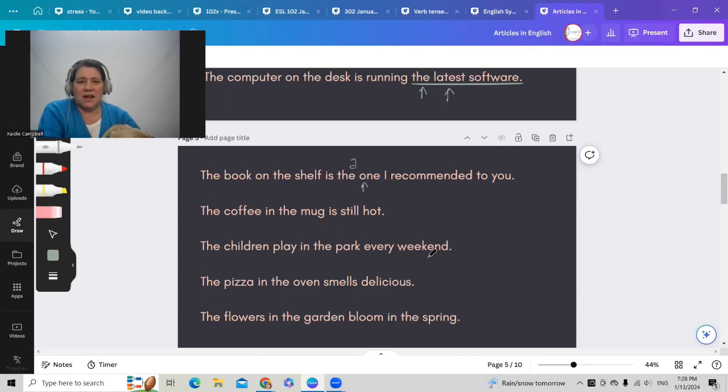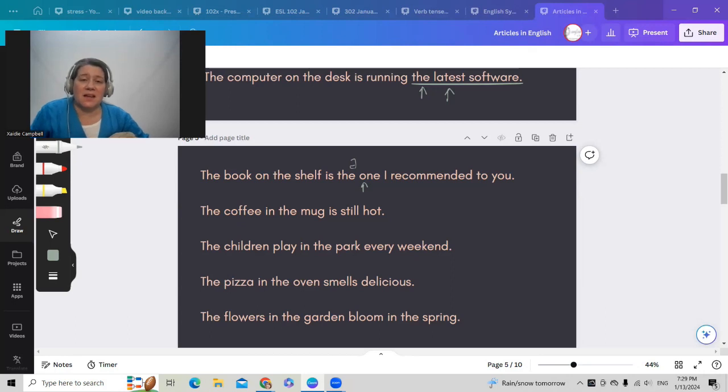It's not a common sound in many languages. So you have to practice this, and it's not going to sound right to you because it's a new sound. But your tongue peeks out between the teeth. The children play in the park every weekend.